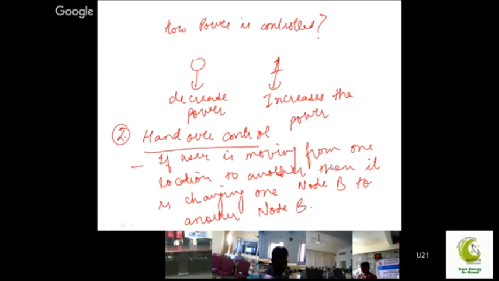So the network is using this handover, and this handover control is a user specific function performed by the RNC under radio resource management. So this was the function of handover control.